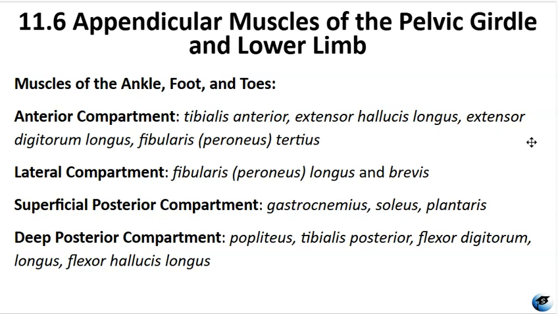And in the superficial posterior compartment, the gastrocnemius, soleus, and plantaris contribute to plantar flexion of the foot. The deep posterior compartment includes the popliteus, tibialis posterior, flexor digitorum longus, and flexor hallucis longus, which perform various functions, including inversion and flexion of the foot and toes.